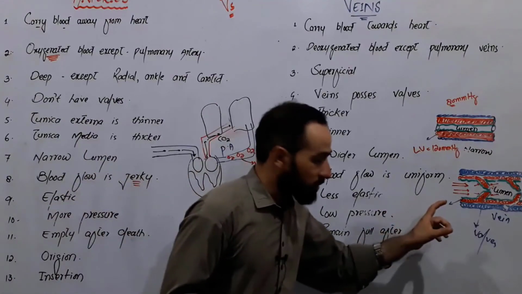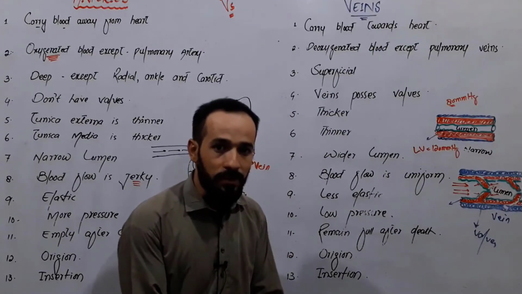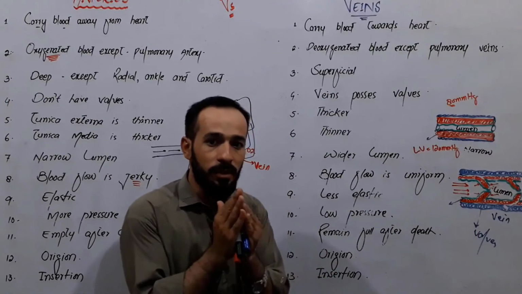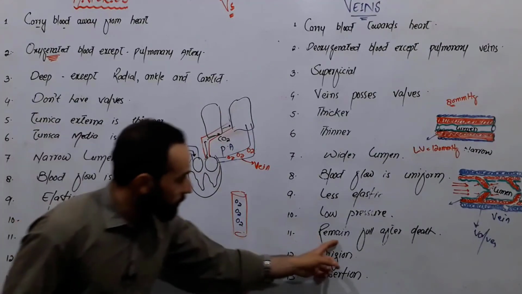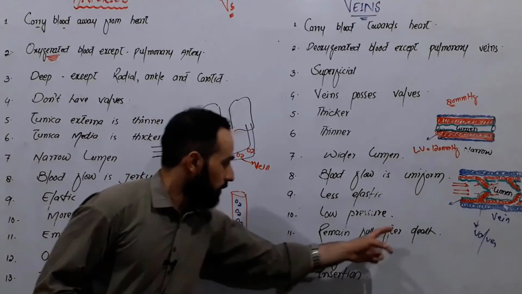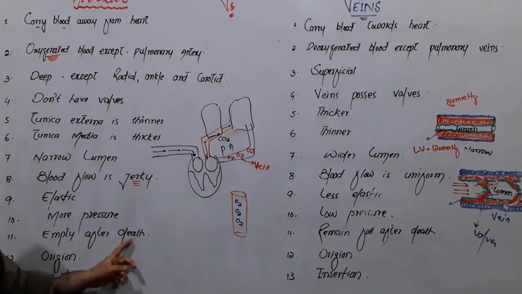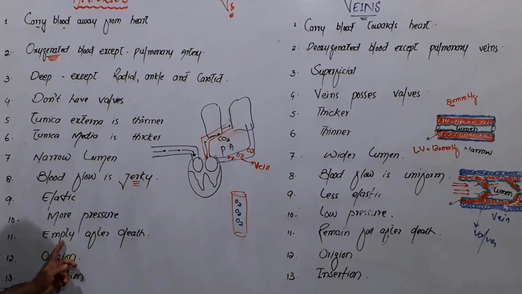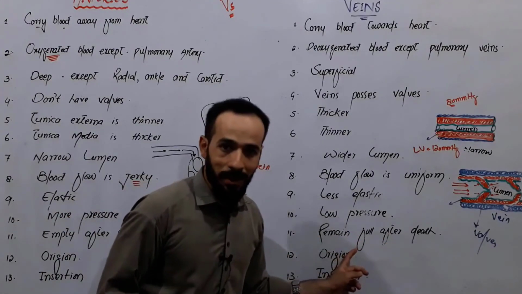So arteries pour their blood into the veins, so the arteries become empty and veins remain full after death. The 11th difference is that arteries after death become empty and veins after death remain full of blood.